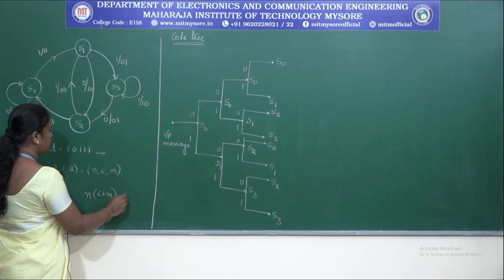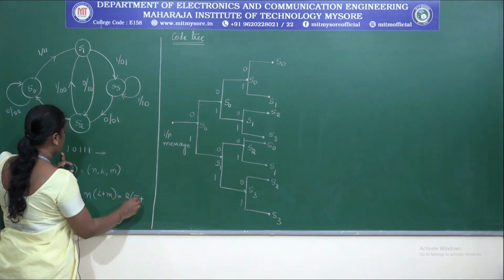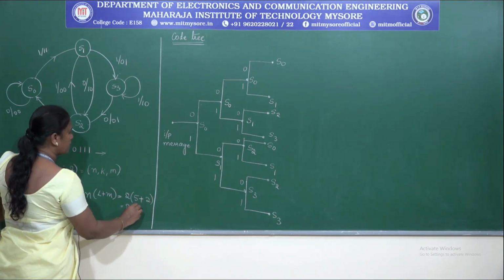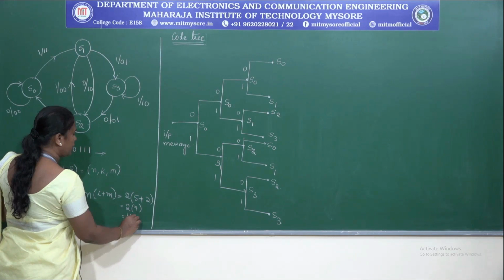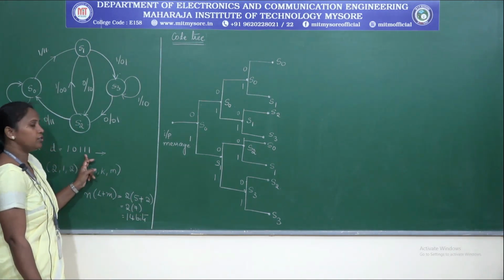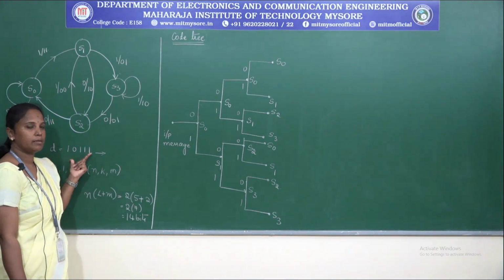What is n here? It is 2. What is the length of your message? It is 5, plus the number of modulo adders, which is 2. So it is 2 into 7, that means we should get 14 bits. But here the size of your message is only 5, so it is 5 into 2, that means you are going to get only 10 bits.